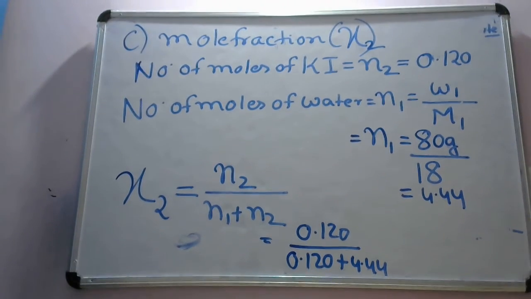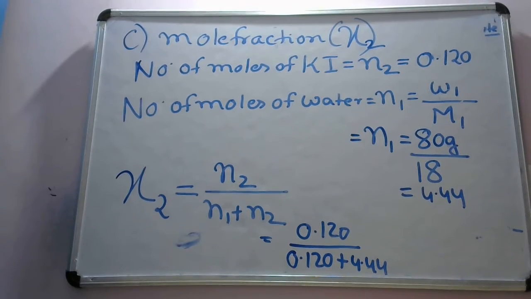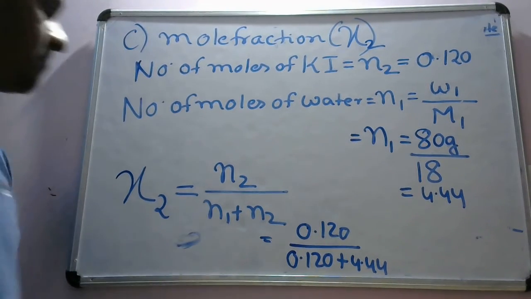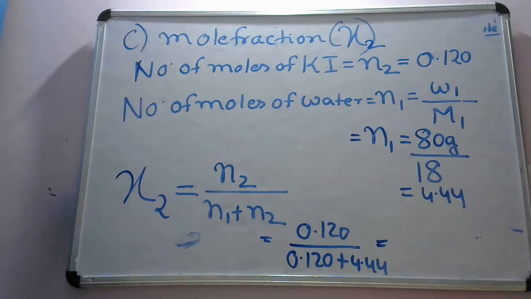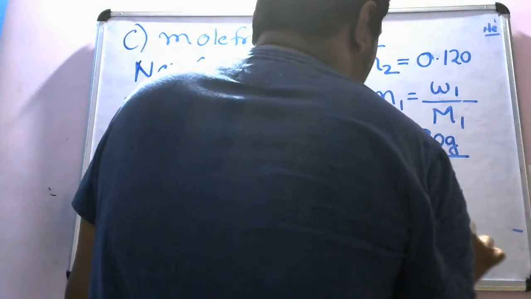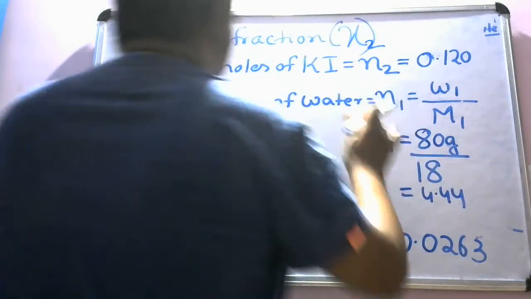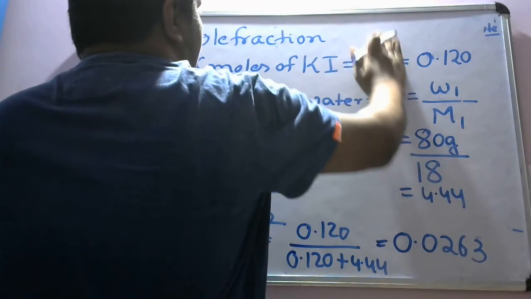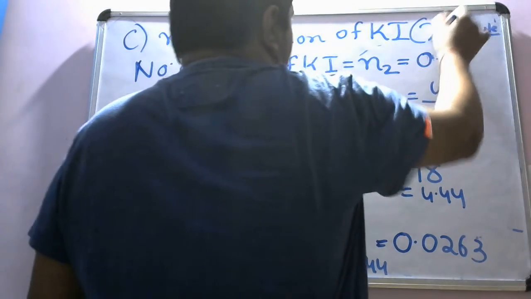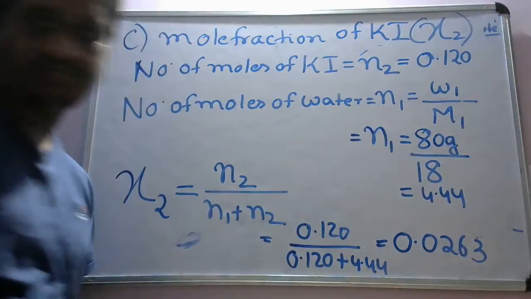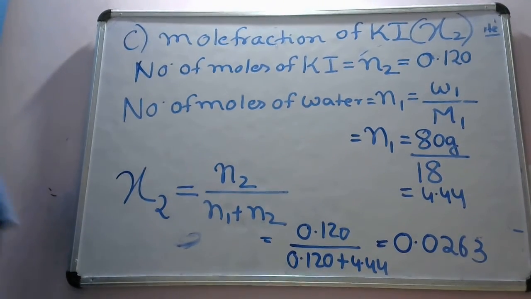So when we calculate this, the mole fraction will come out to be 0.0263. I am mentioning here that I am calculating mole fraction of KI. Symbol I have mentioned here. Okay, so we calculated it.